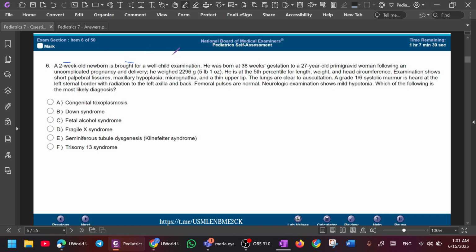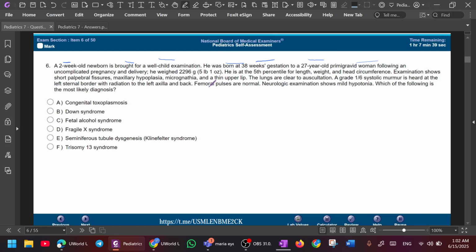A 2-week-old newborn is brought for a well child examination. He was born at 38 weeks of gestation to a 27-year-old primigravid woman following an uncomplicated pregnancy and delivery. He weighed 2.2 kg. He is at the 5th percentile for length, weight, and head circumference.